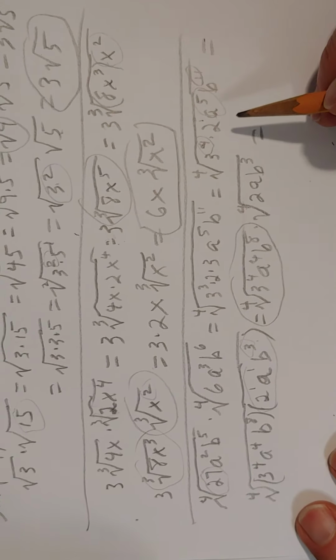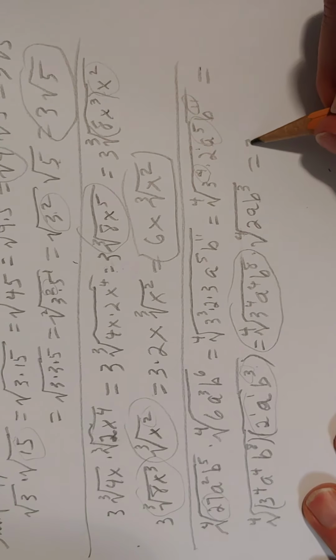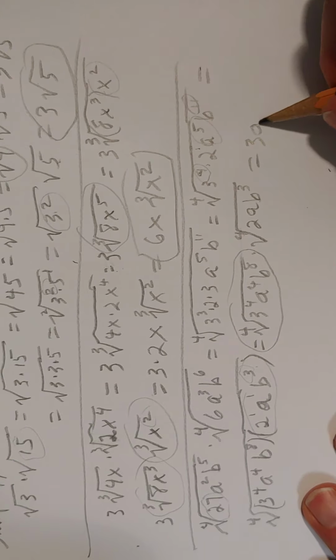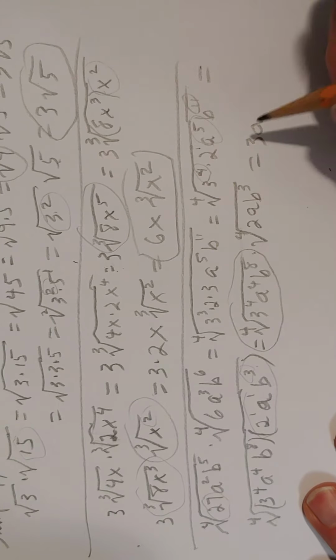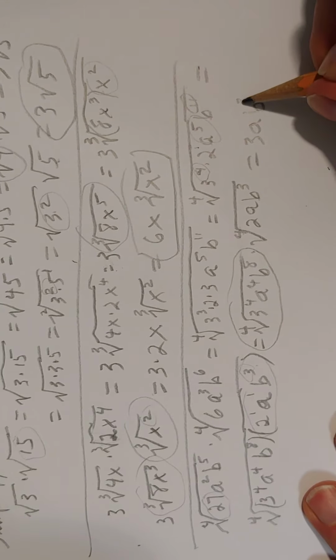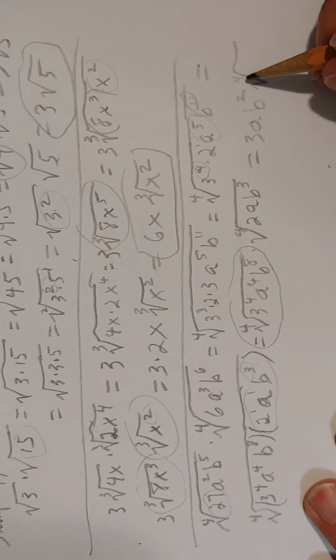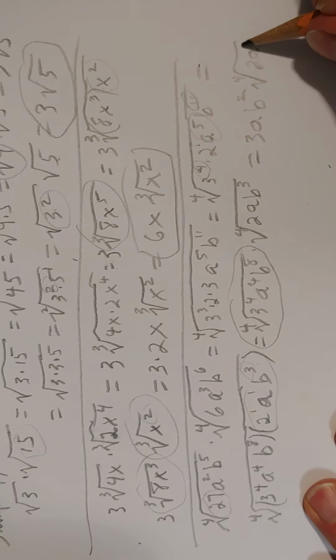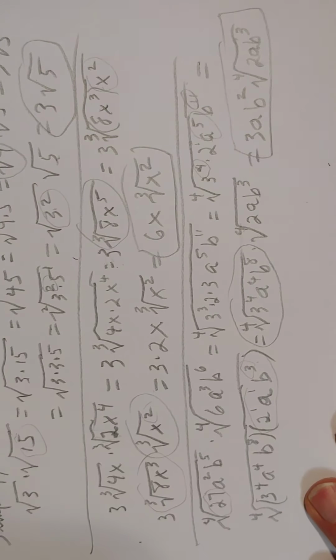Again, taking a 4th root is like dividing 4 into the exponents. So the 4th root of 3 to the 4th is 3. The 4th root of a to the 4th is a. The 4th root of b to the 8th: 4 goes into 8 two times, so that's b with an exponent of 2. And then times the 4th root, don't forget the little index, of 2ab cubed, which can't be simplified any further. There's the answer in simplest form.